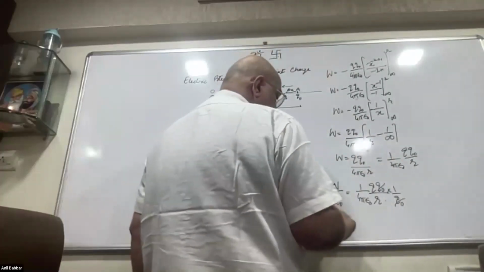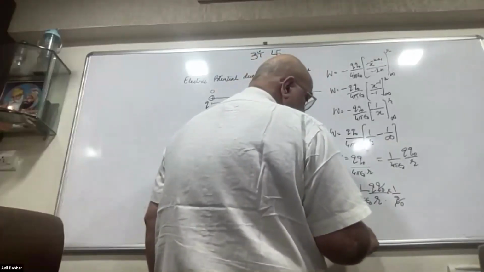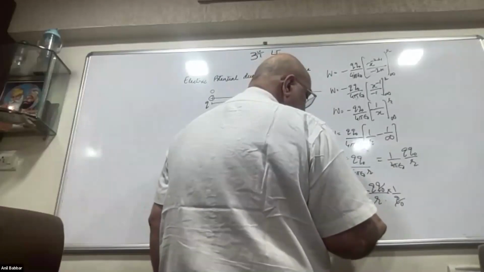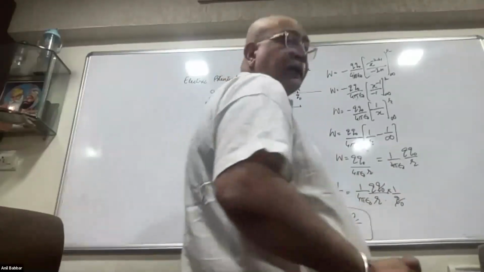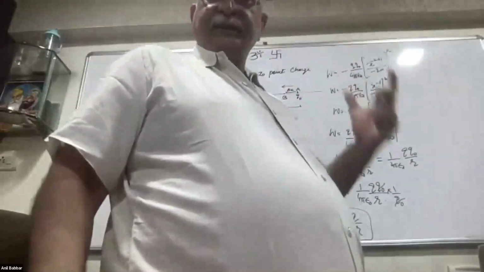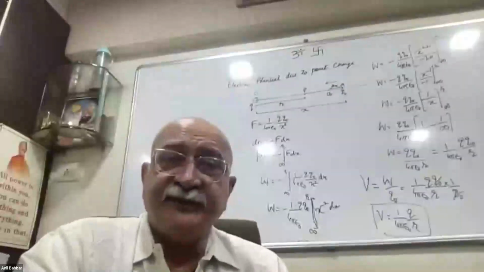So we have potential as equal to 1 by 4 pi epsilon naught q by r. This is the formula to find the potential, or this is the amount of work done in moving a test charge from the infinity to the given point against the electrostatic forces.